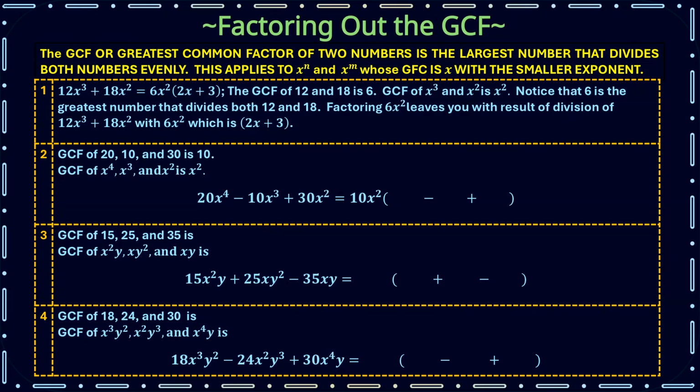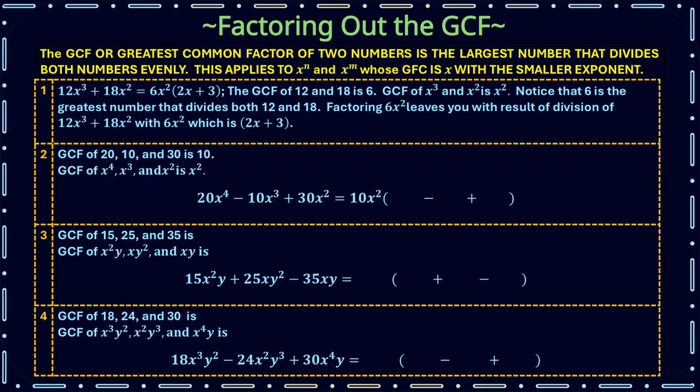And then for the second term, 18x squared divided by 6x squared. Well, 18 divided by 6 leaves you with a 3, and x squared divided by x squared leaves you with 1. 3 times 1 is just 3, so you can just leave it as is.